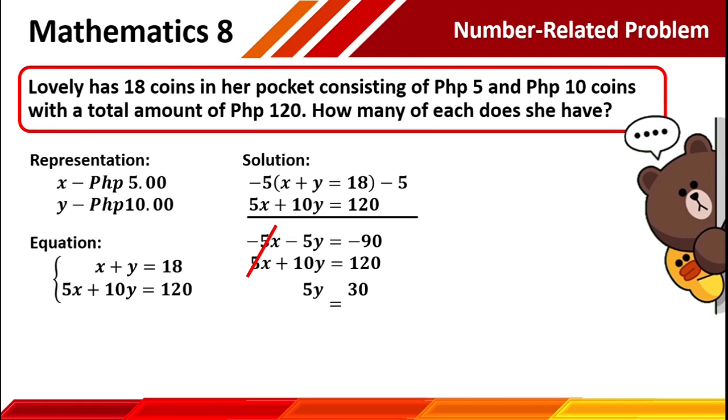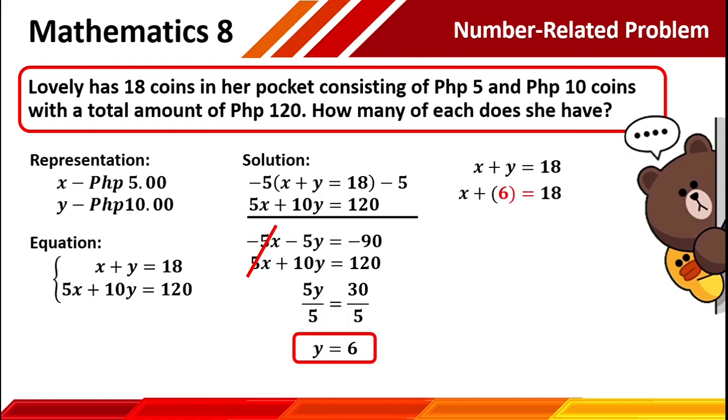To get the value of y, we just simply divide by 5 on both sides. Therefore, the value of y is positive 6. To get the value of x, we just simply use the first equation, x plus y is equal to 18, and just simply substitute 6 for the y variable, so we will have x plus 6 is equal to 18.